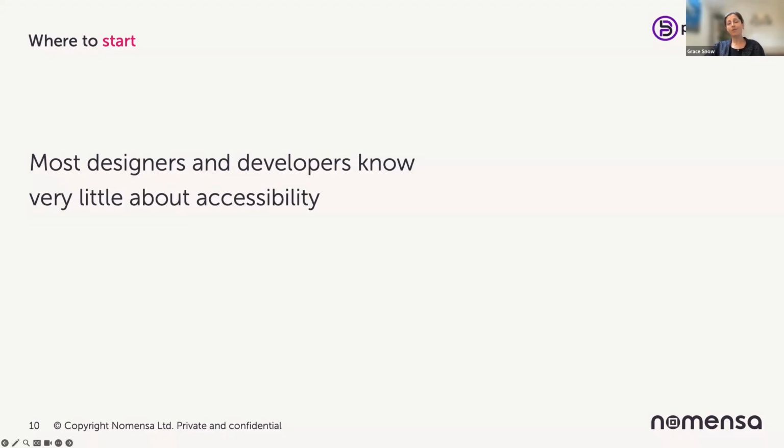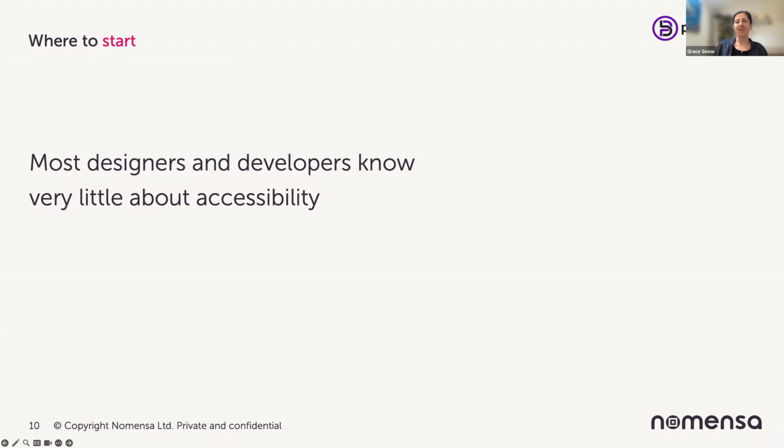And sadly, the unfortunate reality is that most designers and developers know very little about accessibility. The default education routes for designers and developers do not include accessibility. Architects have to know about the built environment and accessibility. It's essential, but it's not really considered as essential as it should be. My biggest bugbear is that developers aren't taught HTML.